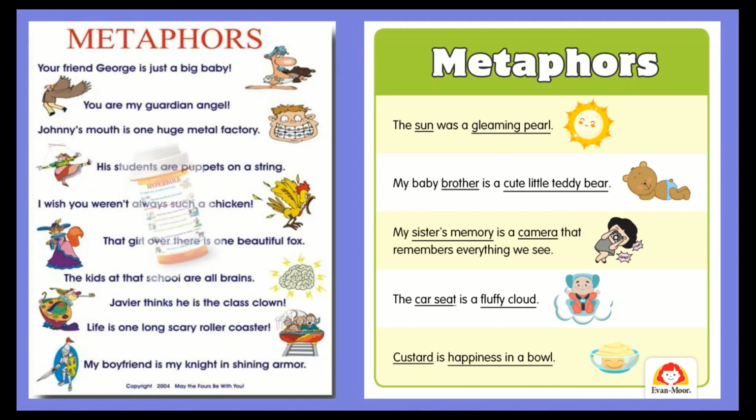You are my guardian angel. Are you really an angel from heaven, sent to protect me? No, but you treat me well and you take care of me like an angel would. So they're comparing your friend with a guardian angel by saying that they're the same thing, but they're really not the same thing, okay?